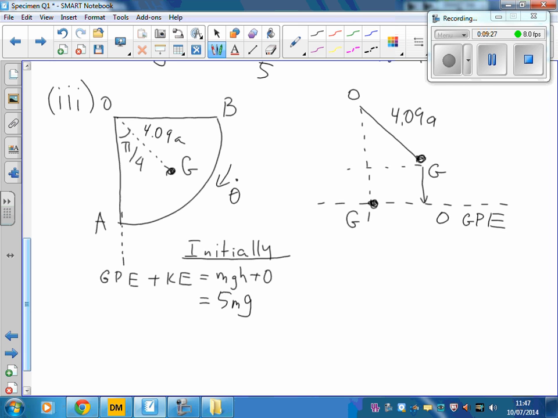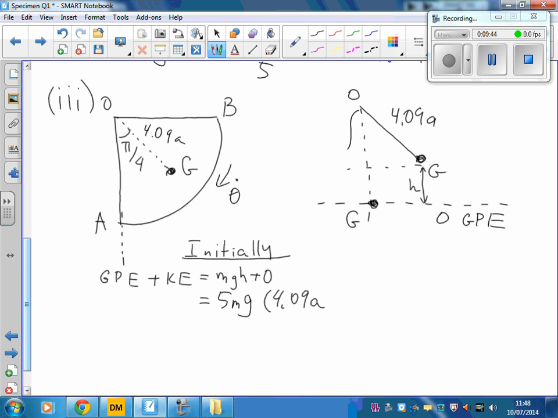Now, in order to work out the distance h above the 0 GPE level, we write down the expression 4.09a.